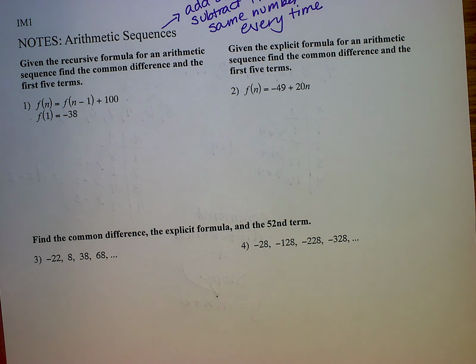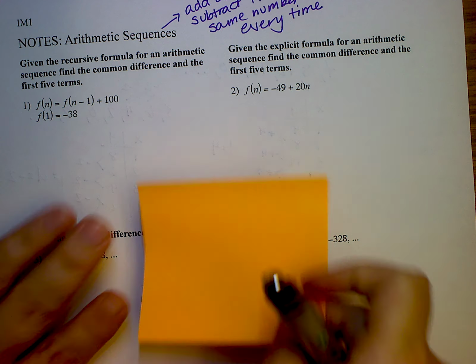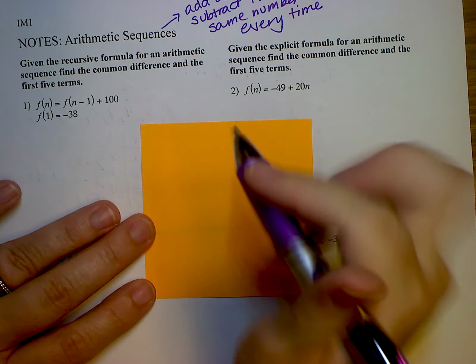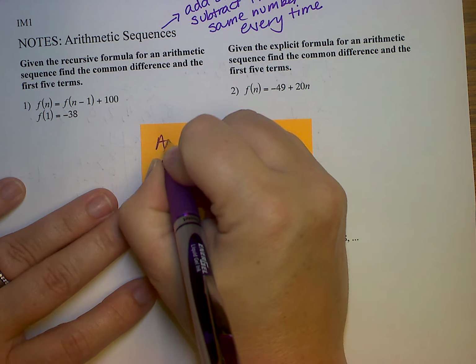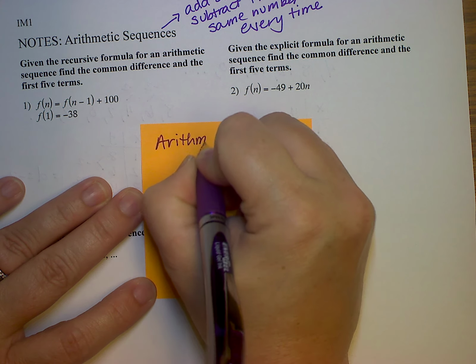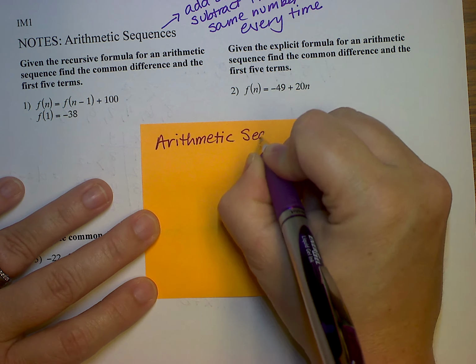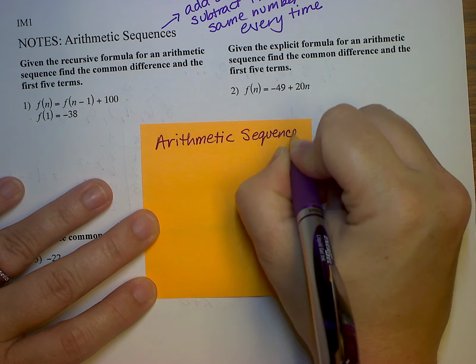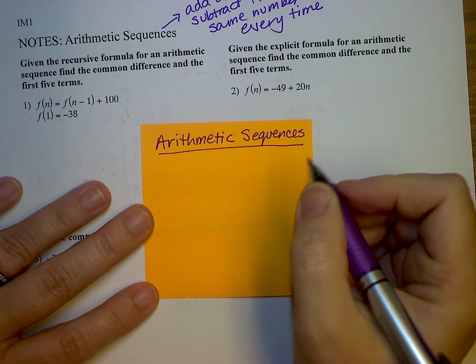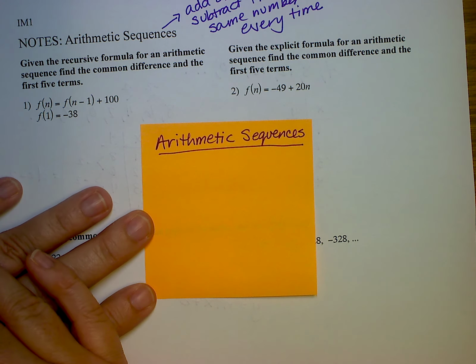Now, I need to get a little formal with you. Okay? So these arithmetic sequences are the sequences where you add or subtract the same number every time. This is going to be a very important sticky note. You ready? Because we learned 2 types of formulas, didn't we?